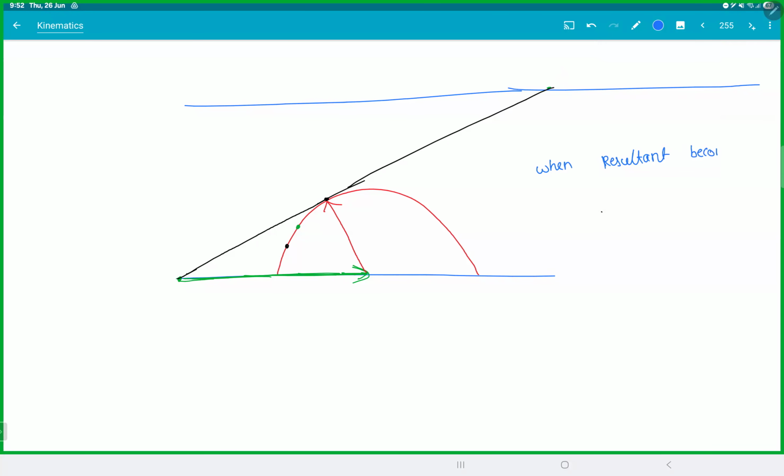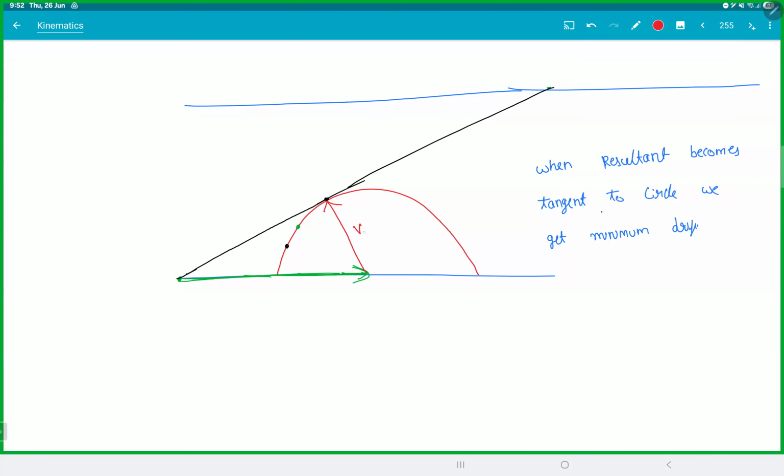When the resultant becomes tangent to the circle, we get minimum drift. So you're done.